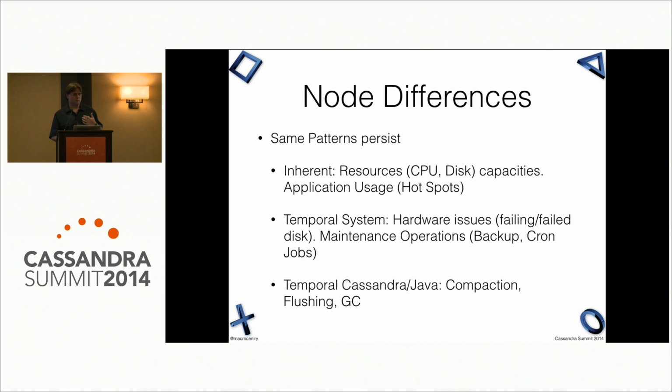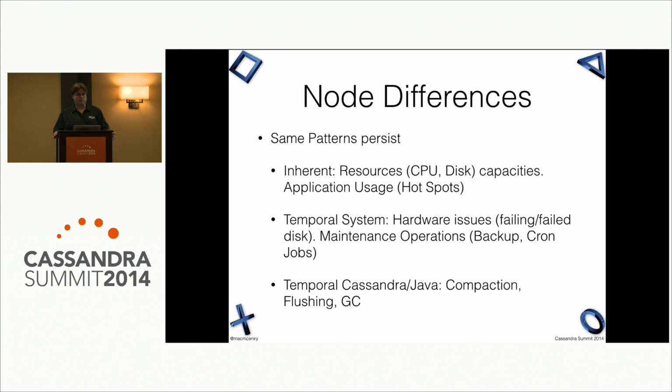The same thing applies when you're looking at one column family that exists on two different nodes. You're going to have your inherent differences, and your temporal differences, both system as well as Cassandra application, as well as overall front-end requests, right? So inherent differences: different CPU, different disks, even different networking capabilities, depending on the amount of requests going into it.